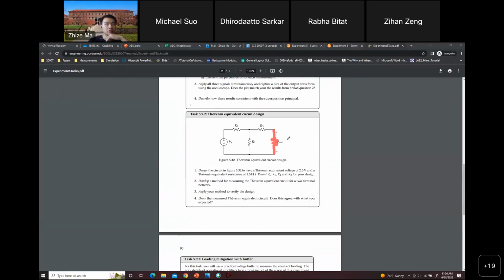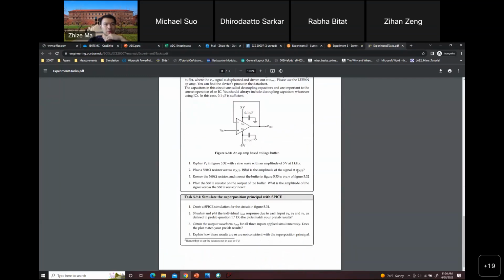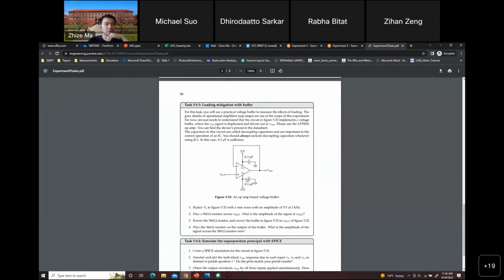That's step number 2. And then you measure the output, and you will probably notice something happened at the output.